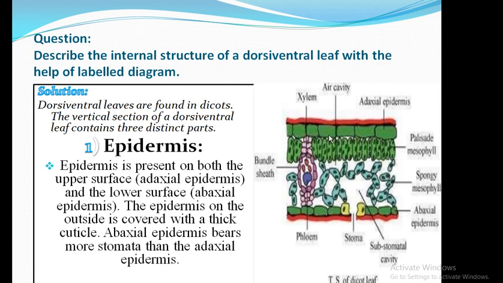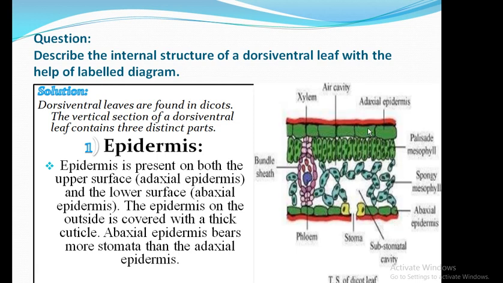The adaxial epidermis doesn't have any stomata, as we can see in the figure. It is the lower epidermis, or abaxial epidermis, that contains the stomata, and the stomata are guarded by kidney-shaped cells present on the abaxial epidermis.